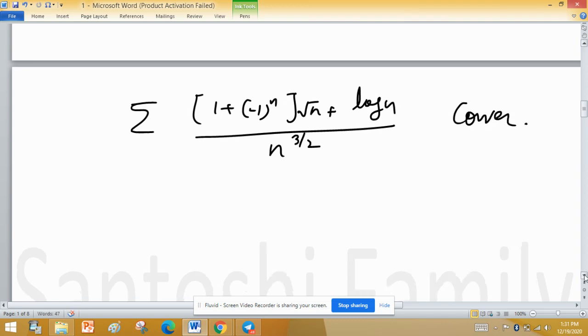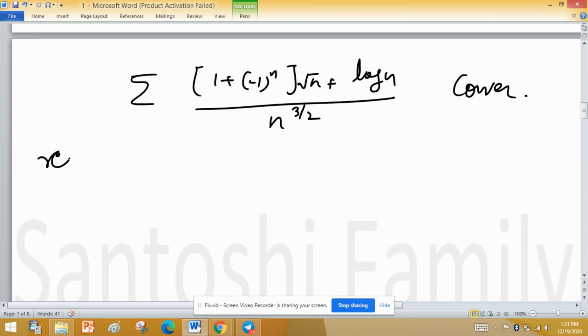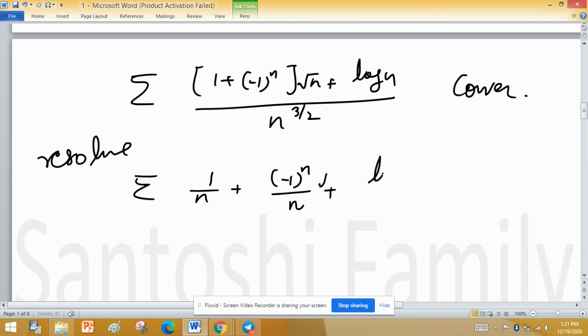Now resolve it. It will be 1 upon n plus minus 1 raised to the power n divided by n plus log n divided by n raised to the power 3 by 2.